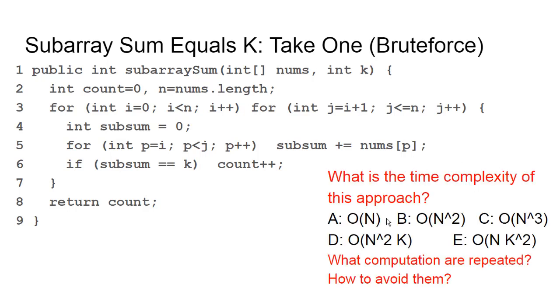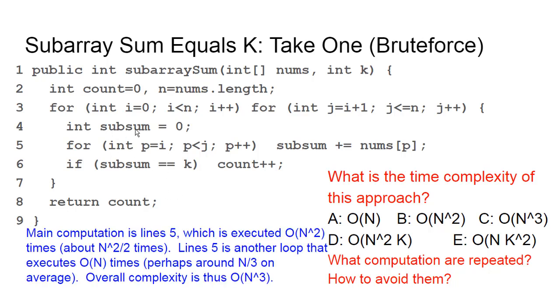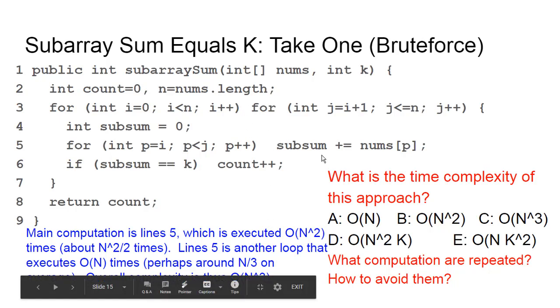So what's the time complexity of this approach? The complexity is n cubed, because the line that contributes the most to the complexity is line 5. Line 5 itself is executed O(n squared) times.